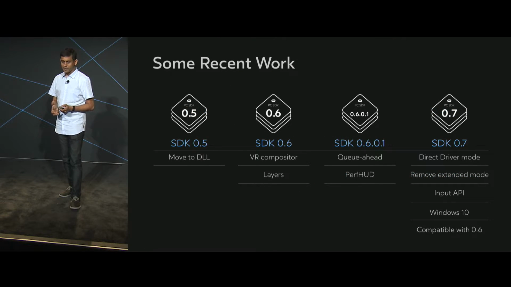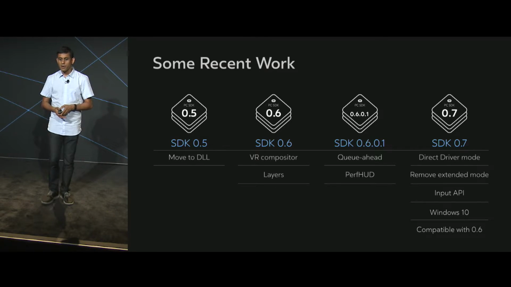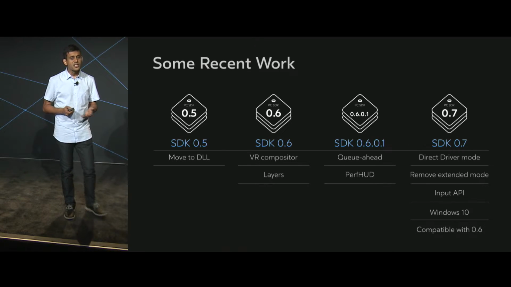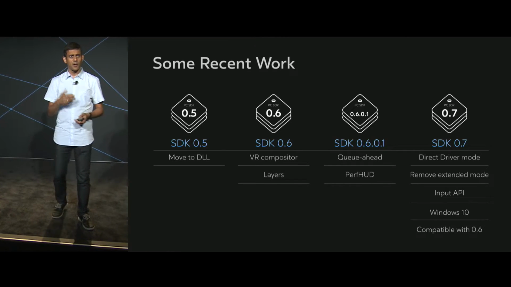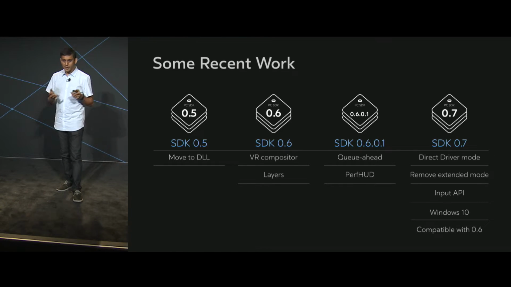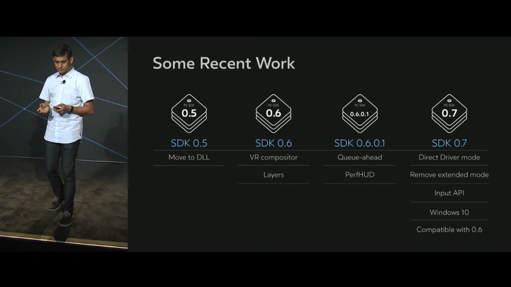Let me recap some of the recent work we've done so far. Over the last few months, we've shipped a few major SDK releases. Just after GDC, we shipped SDK 0.5, which is mostly a move to the DLL model, where we took a bunch of our code and took it outside the app's executable.